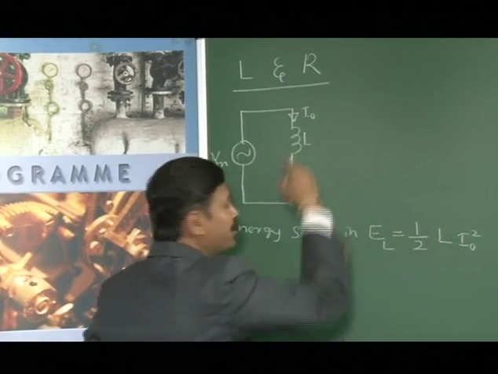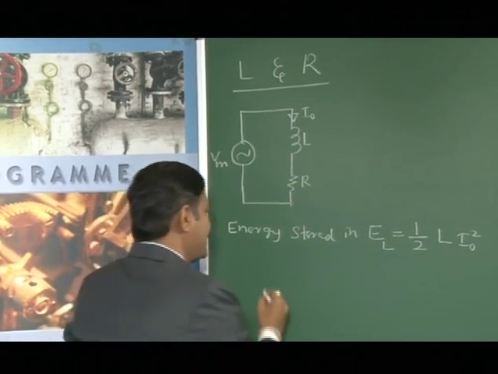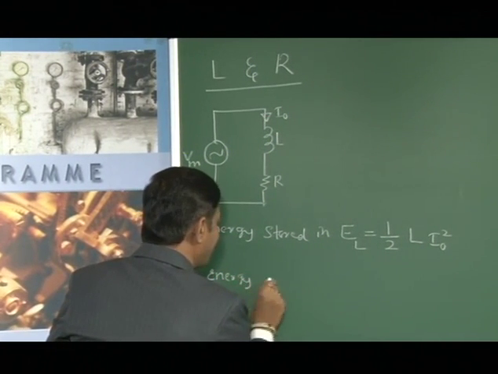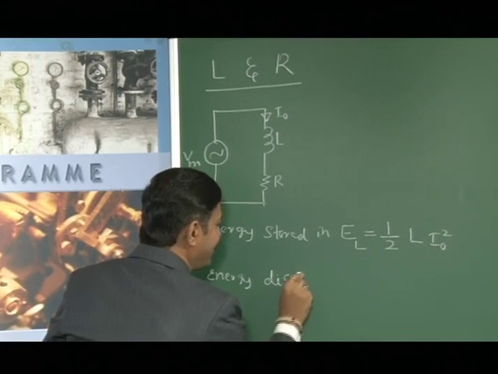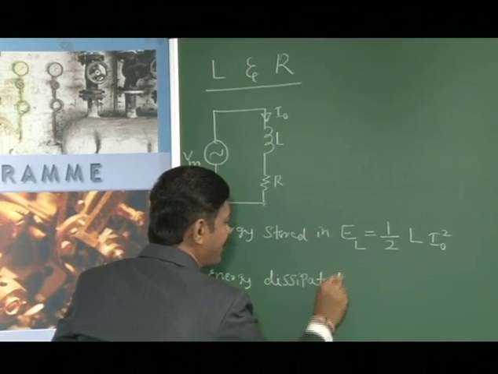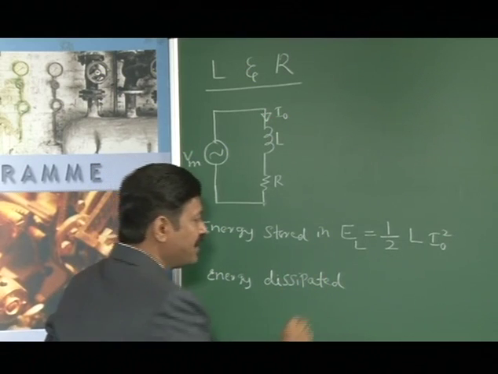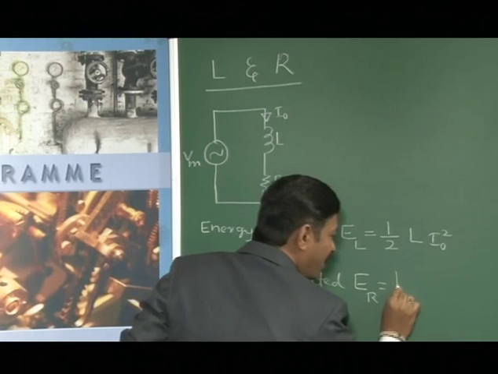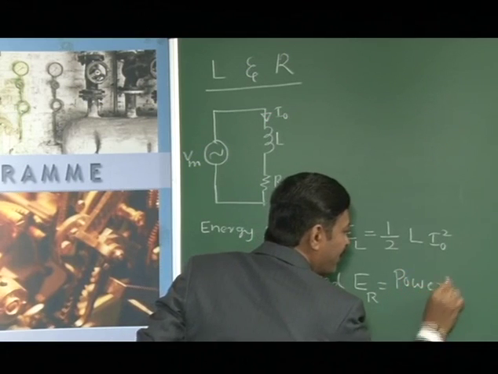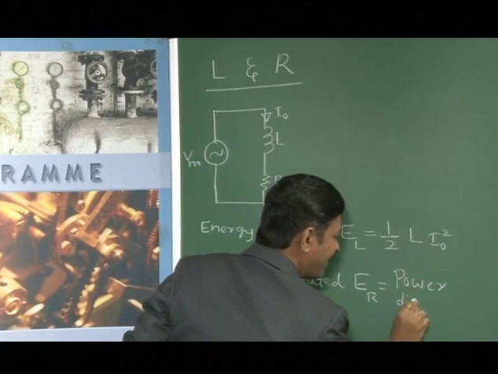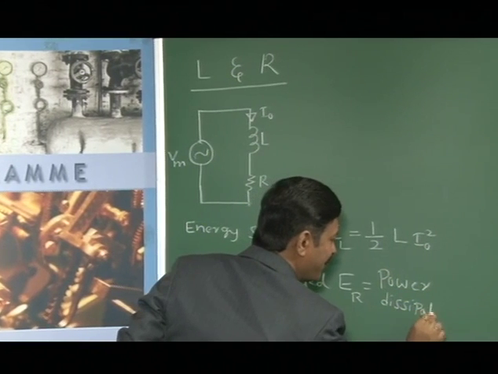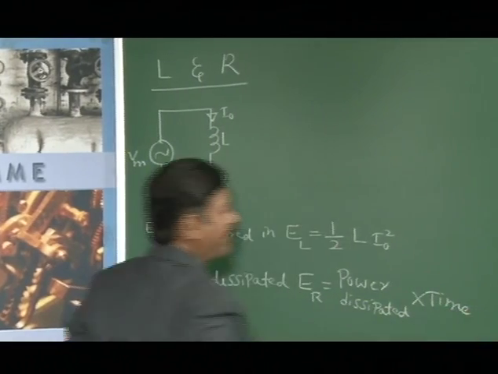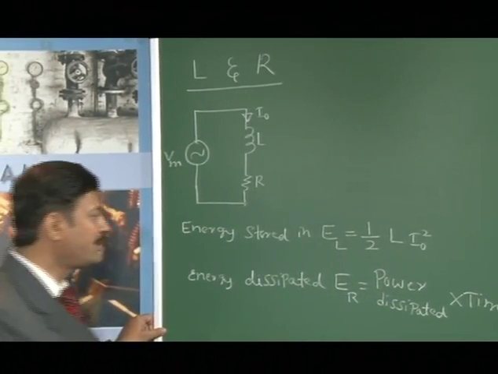I naught is the current flowing through the inductor, and energy dissipated can be written as ER, that is equal to power dissipated into time.